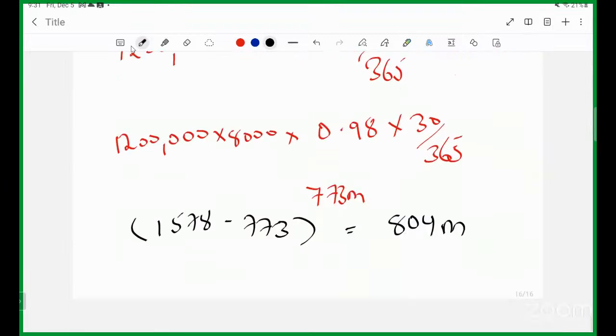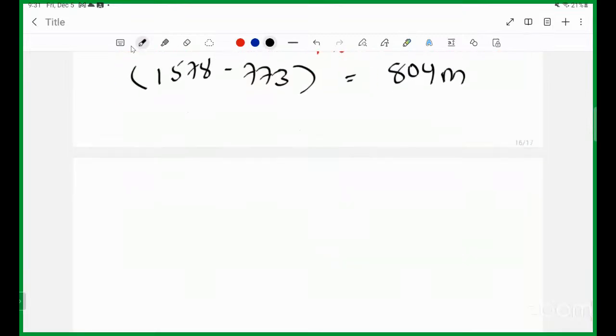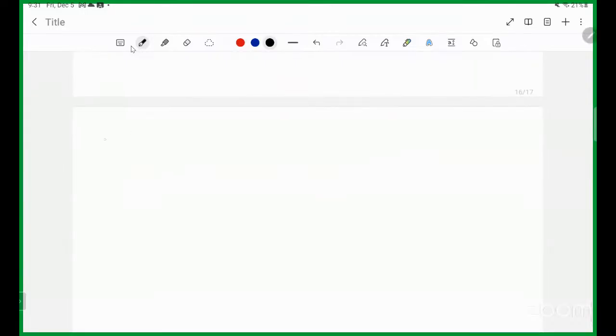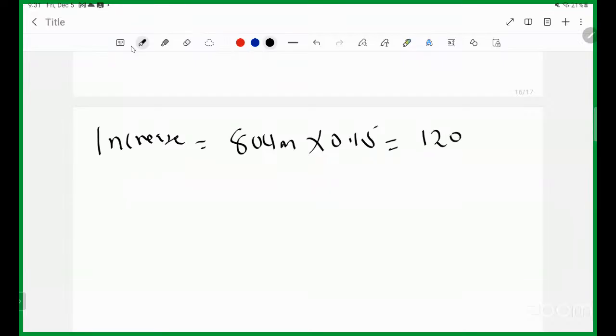The other one was a decrease in financing cost; this one is an increase in financing cost. The increase in financing cost is equal to the 804 that we have got times the 15%, which is 120.7 million.